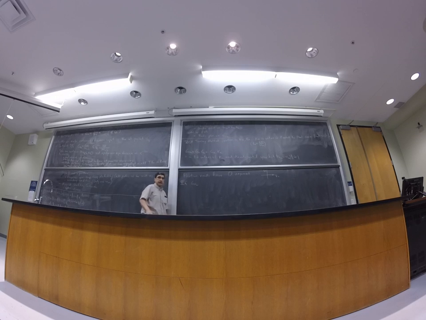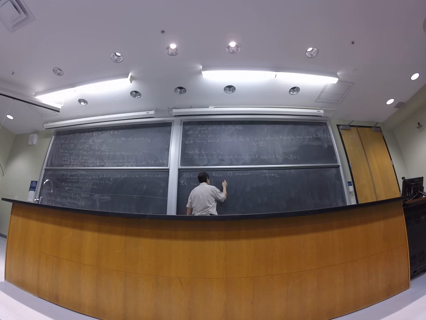As a result, GOL can be rewritten as, let's say, GOL prime times any positive number.